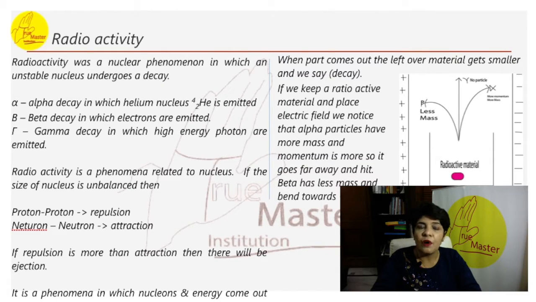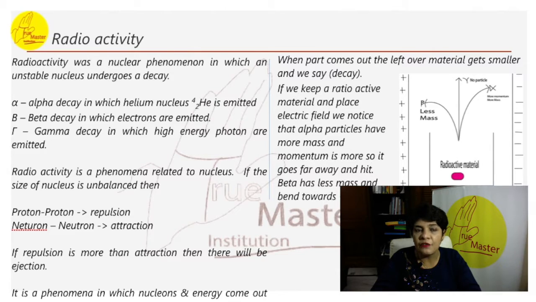Radioactivity is the phenomenon of spontaneous disintegration of the nucleus. It means breaking of the nucleus of an atom with the emission of one or more penetrating radiations like alpha, beta particles, gamma rays. That is in simpler terms.